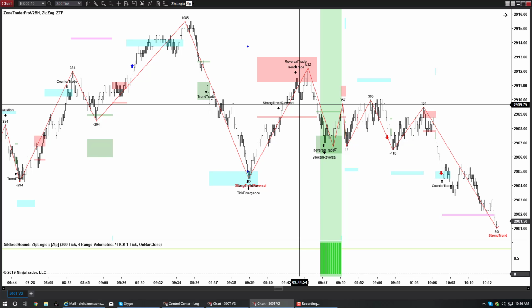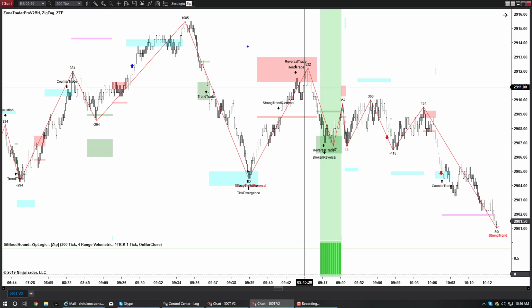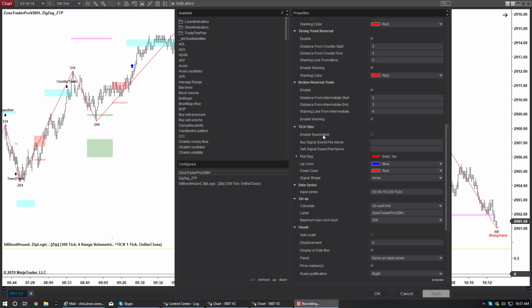So the 2 settings, 3 from the start right here, and the 3 represents when you're going to start receiving a signal right here.